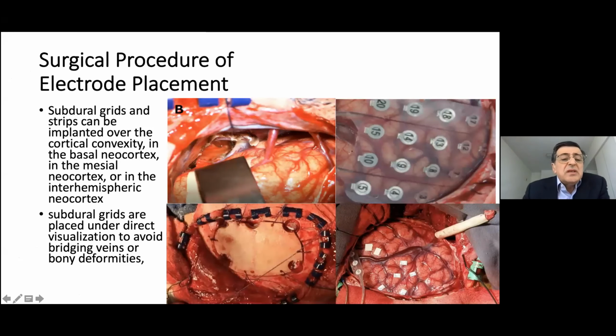So this is the exposure for the subtemporal approach, where we like to see the basal temporal lobe well before we put the electrodes. We slide the electrodes with continuous irrigation, and we make sure that there is no bleeding coming out before we close the dural space.